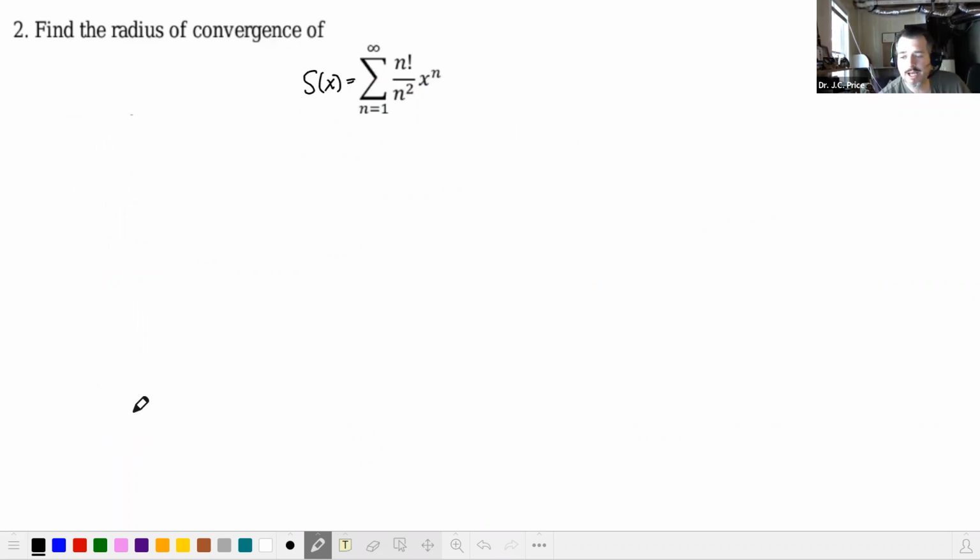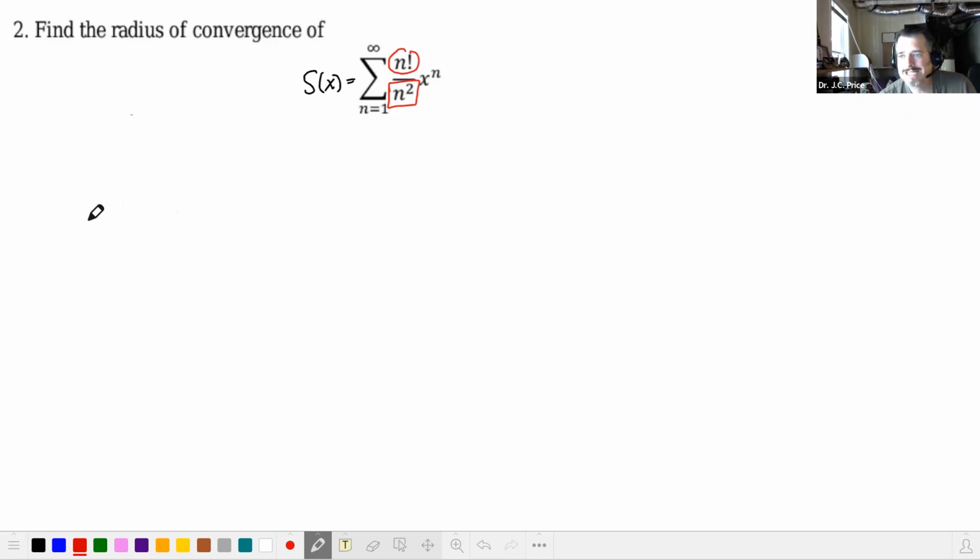Now, I will tell you, we've been doing enough of these that I know this factorial grows much faster than the square. So basically what's going to happen is that this is probably not going to converge for much of anything, because the coefficient in front of the x to the n's is just going to grow so quickly that it's going to probably knock everything out. But let's just show that. So this is an example probably where the radius of convergence is 0. But let's just see what happens.